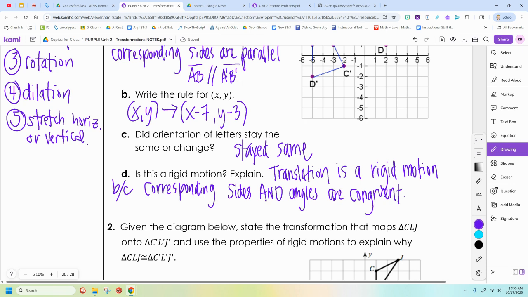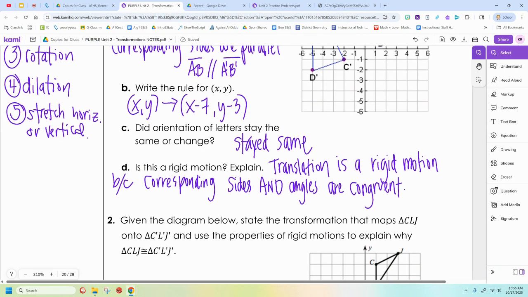Okay, so translation is a rigid motion because corresponding sides and angles are congruent. Very good. All right, let's see if we can start this next one.